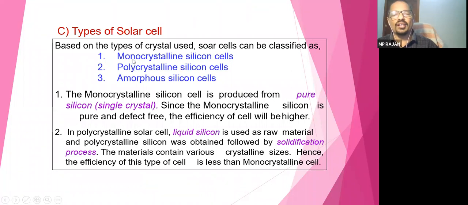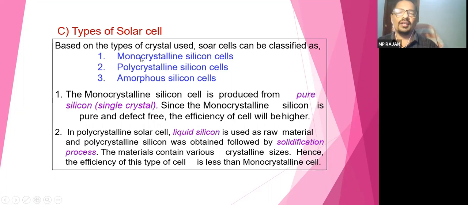And monocrystalline is very difficult to produce. इसका production cost ज़्यादा होती है, लेकिन this is the most efficient, सबसे ज़्यादा efficient monocrystalline होती है. Polycrystalline is somewhat easy, and amorphous is very easy and thin. Material requirement is very less. जैसे इसका production cost कम होती है, इसका efficiency भी कम होती है.